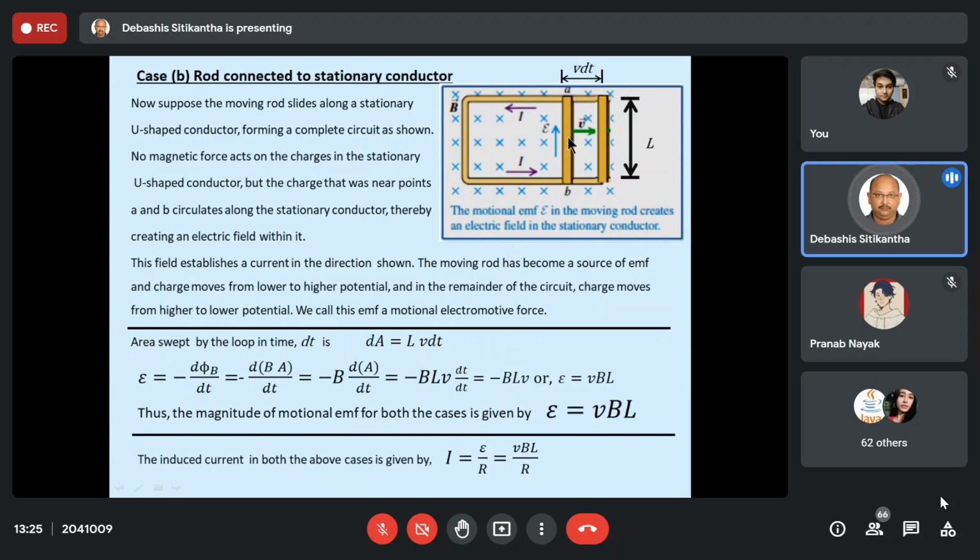So it can slide in either direction. I am sliding it from left to right, and once it reaches the end, we can also pull it in the other direction. But whenever there is a movement of this isolated conductor sliding over this U conductor, there is a generation of EMF.